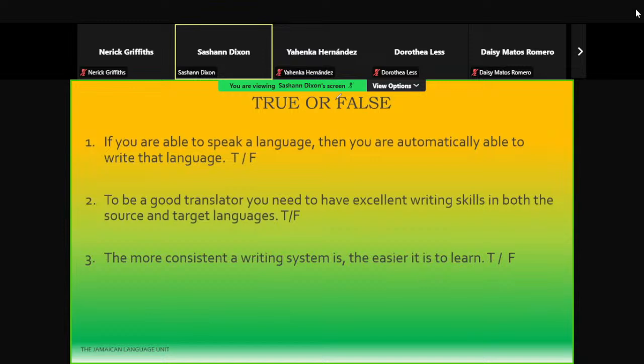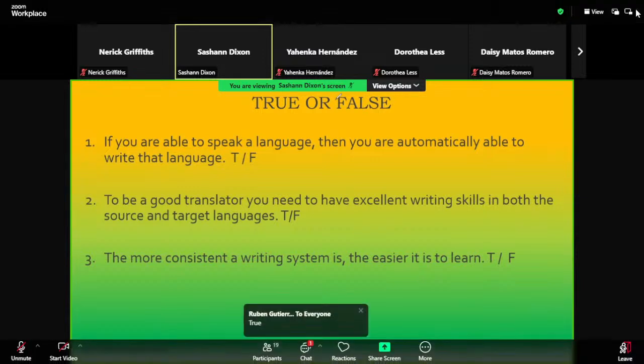Because if you don't, then how are you going to translate from one to the other, right? So I am assuming that we all have a fairly good understanding of English already, both in speech and in writing. So as I said earlier, this session will give you the tools to also write the Jamaican language, right?